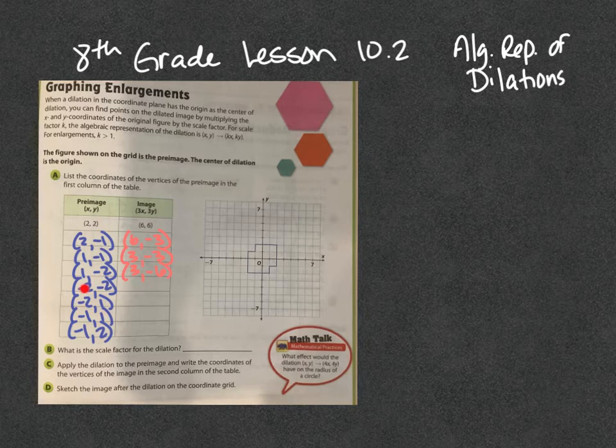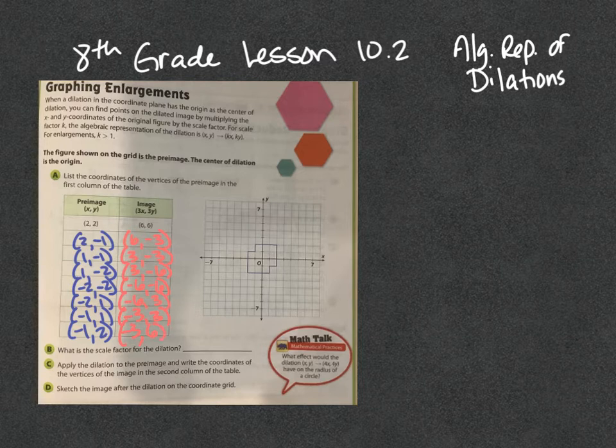Negative 2 times 3 is negative 6, negative 2 times 3 is negative 6, and 3 times 1 is 3. Negative 1 times 3 is negative 3, and 1 times 3 is 3. And finally, negative 1 times 3 is negative 3, and 2 times 3 is 6.